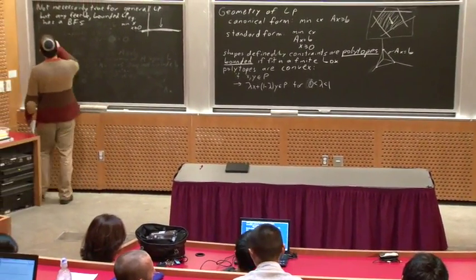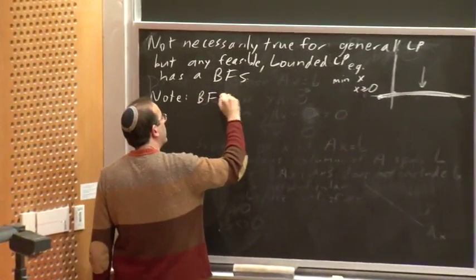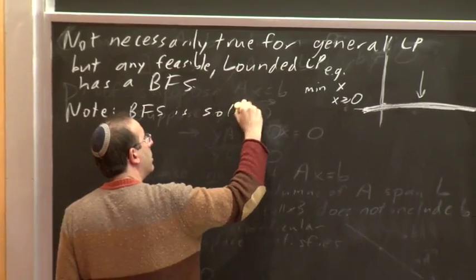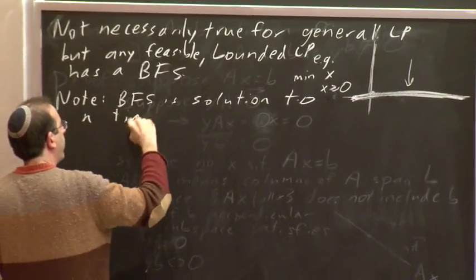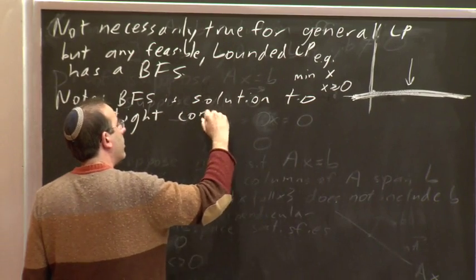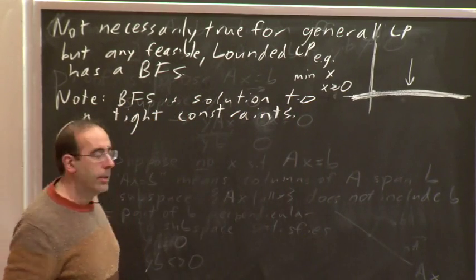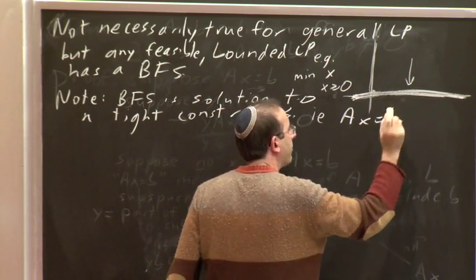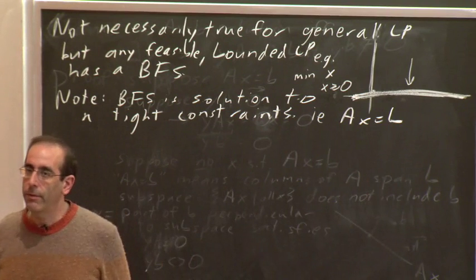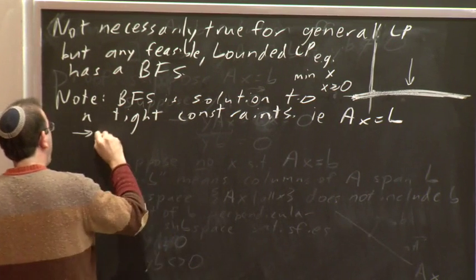Great. So notice that the BFS is the solution to n tight constraints. Right? Which, of course, can be written in the form Ax equals b. Yes? And we saw last time that it has polynomial size.